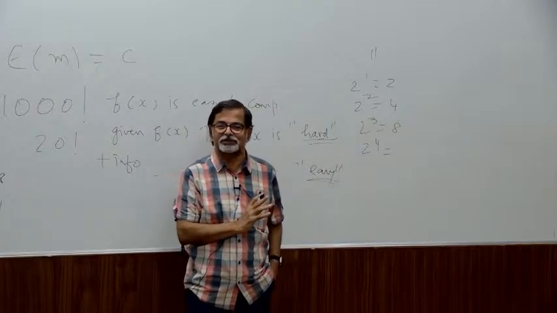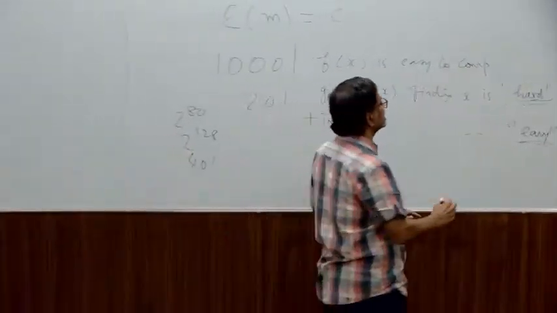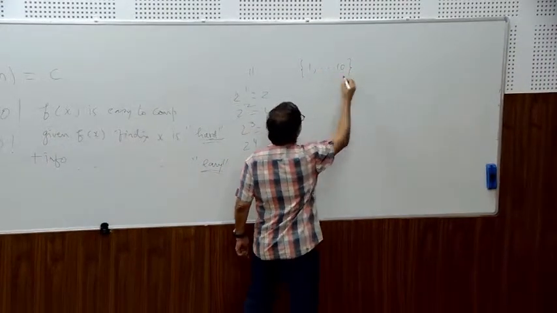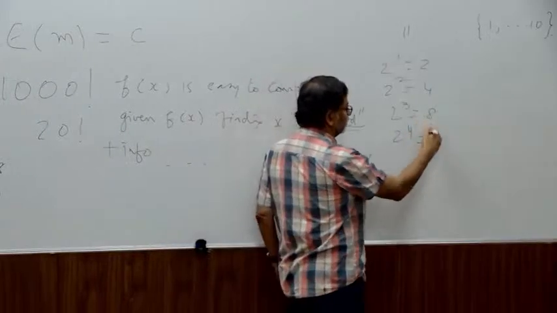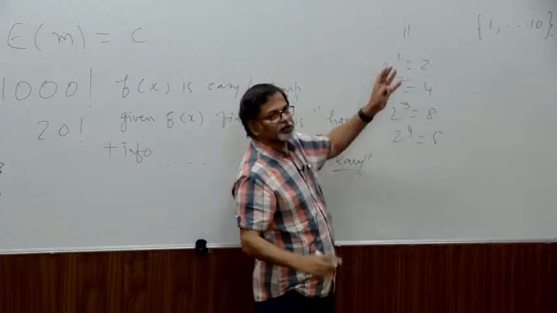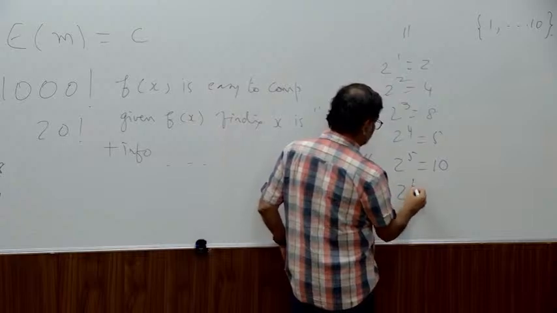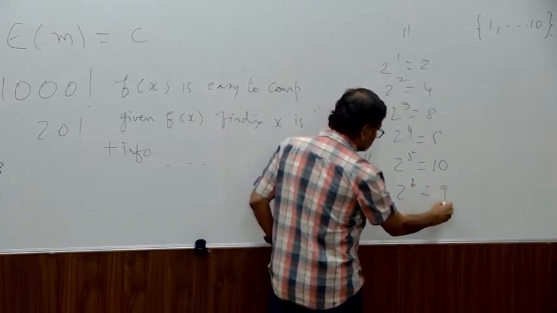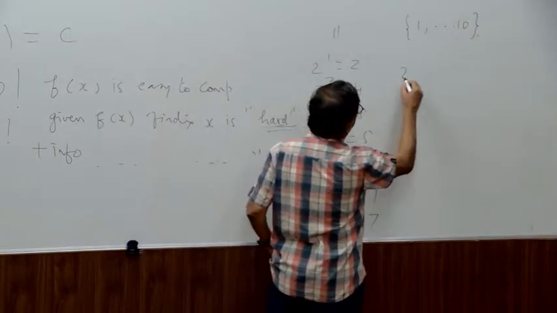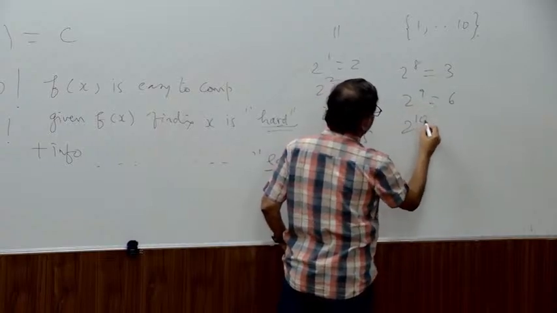We are not going to use all numbers, we are going to use numbers in the range 1 to p minus 1, so 1 to 10. 2 power 4 is now therefore 5, because it is 16 actually, but in the modulo world you take the remainder, which gets you 5. 2 power 5 is 10, 2 power 6 is 20, which goes to 9, 2 power 7 is 7, 2 power 8 is 3, 2 power 9 is 6, and 2 power 10 is 1.